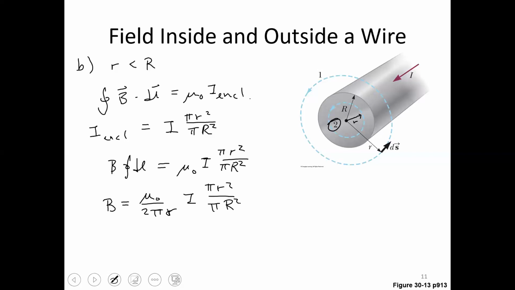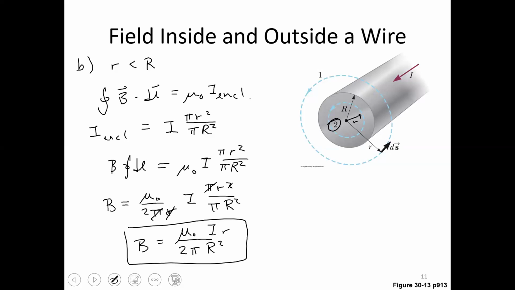Some pi's cancel out, some r's cancel out, so that my magnetic field looks like mu 0 over 2 pi, I over capital R squared, times r. And again, we can use our right-hand rule and get that our direction is in that same phi hat direction.